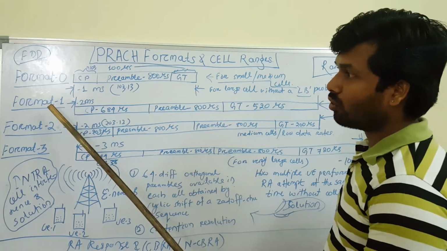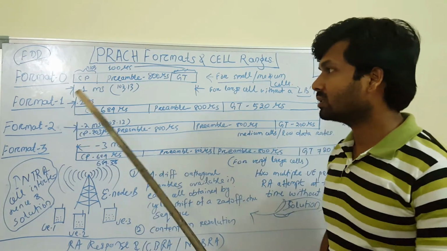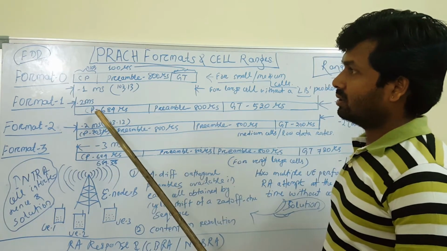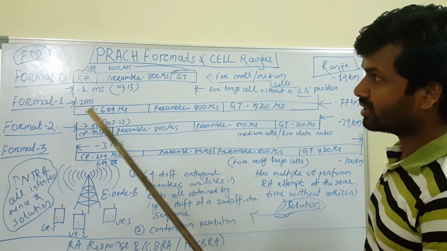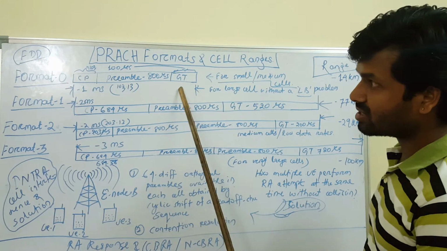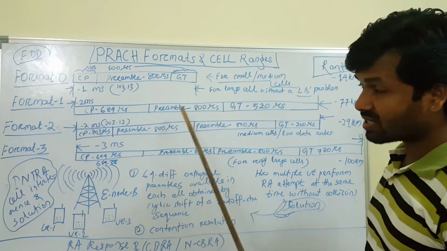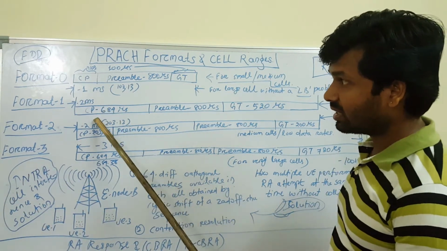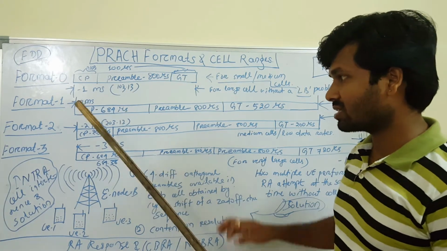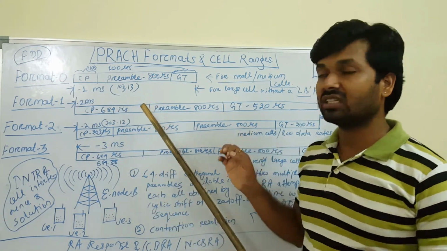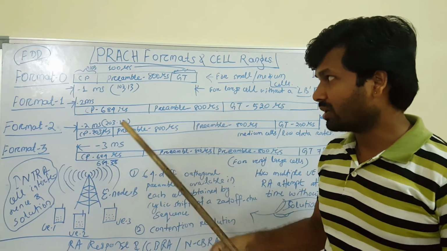Then we move to format 1, the second format. Totally the length is 2 milliseconds. Format 0 is 1 millisecond, format 1 is 2 milliseconds, with a cyclic prefix length of 684 microseconds, or exactly 684.38 microseconds.